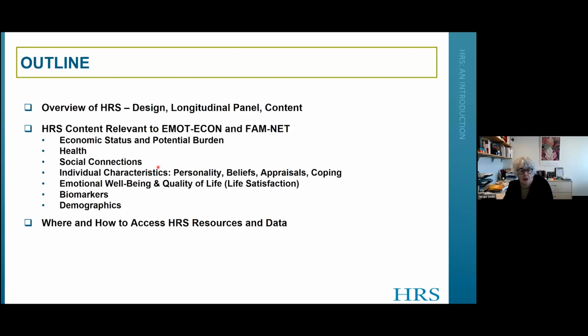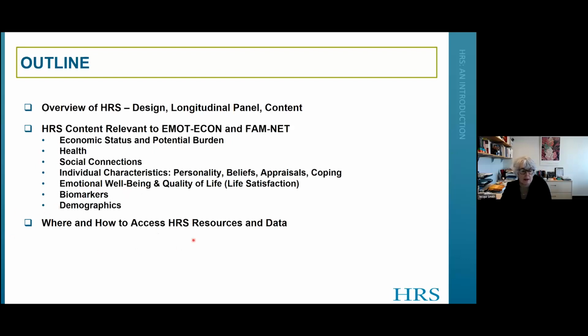I call them individual characteristics: personal characteristics, the beliefs of individuals, how they appraise situations, and maybe how they cope with different life challenges. Emotional well-being, of course, we have quite a bit of data there too. Quality of life, primarily we have a lot about life satisfaction. We also have quite a lot of biomarkers available to be used, and of course the demographics.